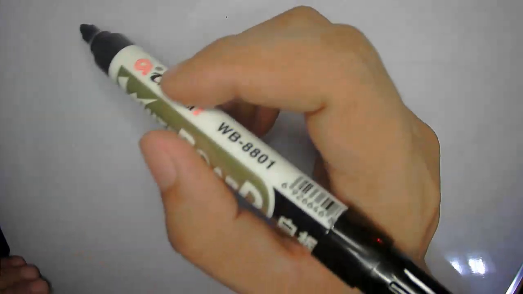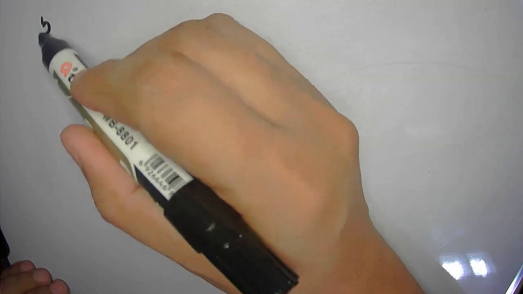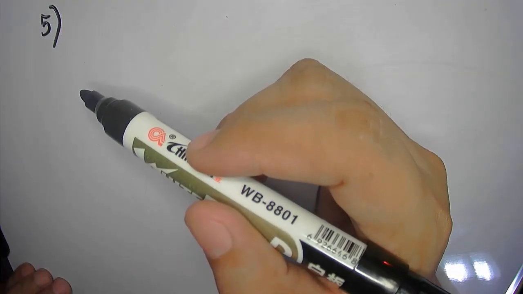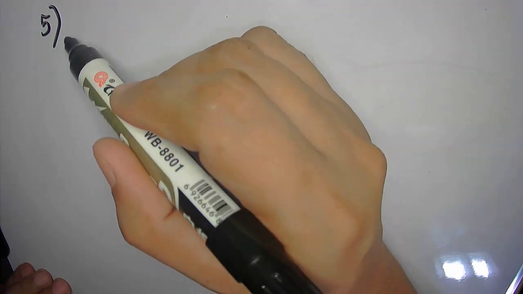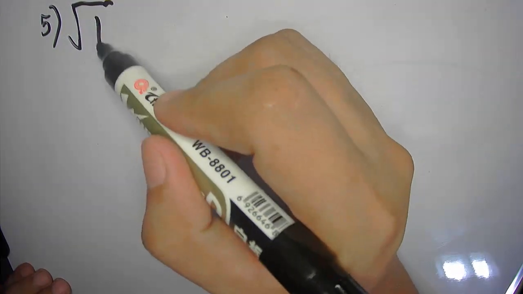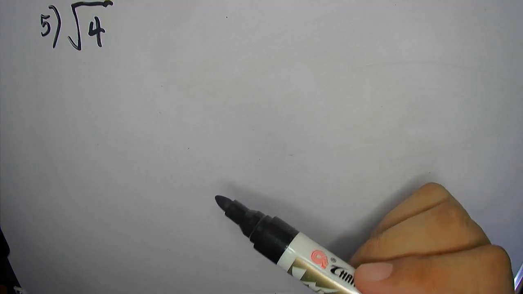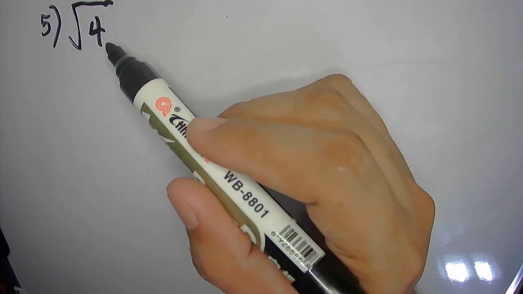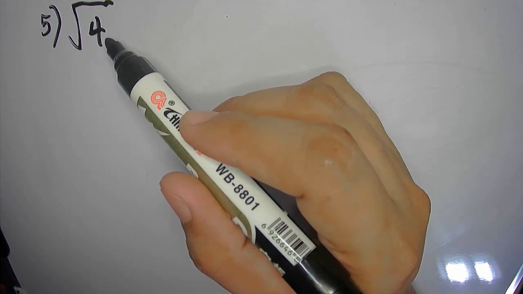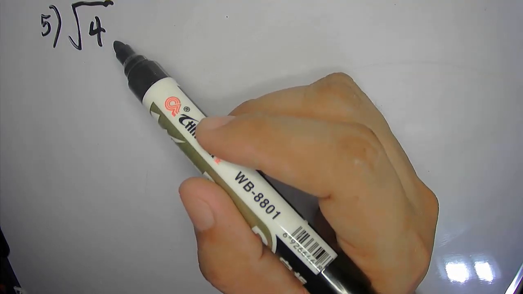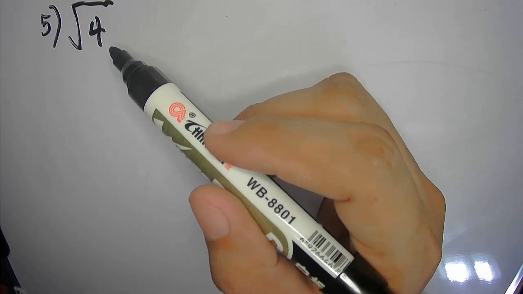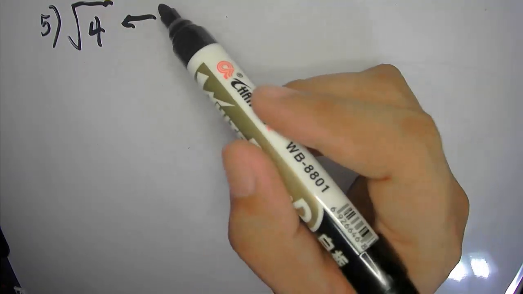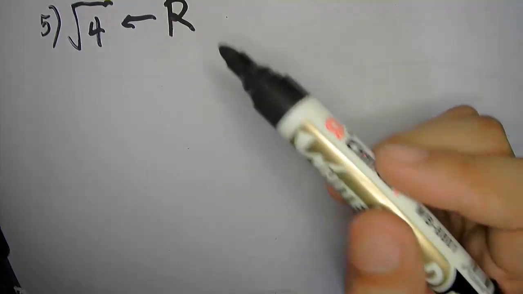Okay, let's have example number 5. Ang example number 5 natin ay square root of 4. Ang radicand na 4 ay galing ba sa dalawang number na magkapareho na pag minultiply natin, ang sagot niya ay 4? Okay, meron. That's 2 times 2. So, it's 4. So, ibig sabihin nito, ito ay rational number.